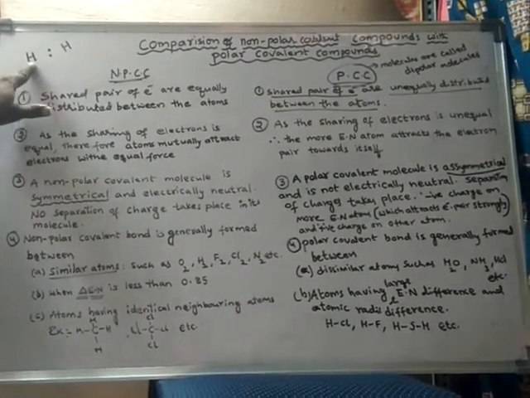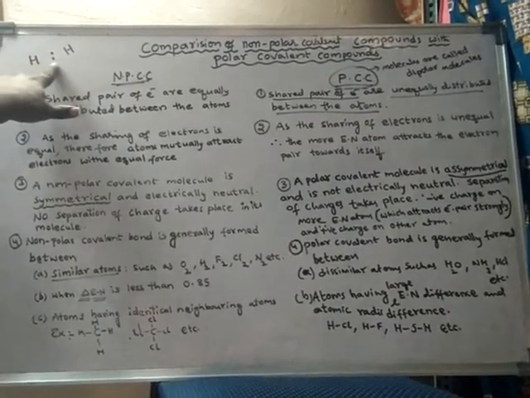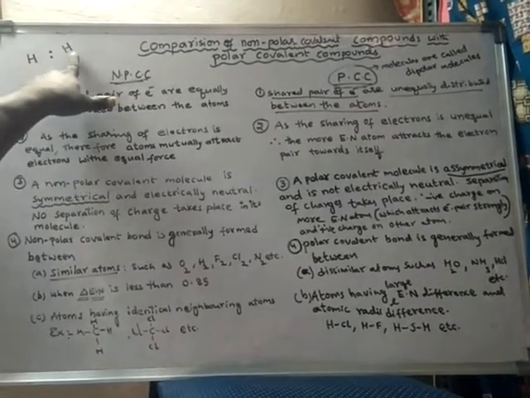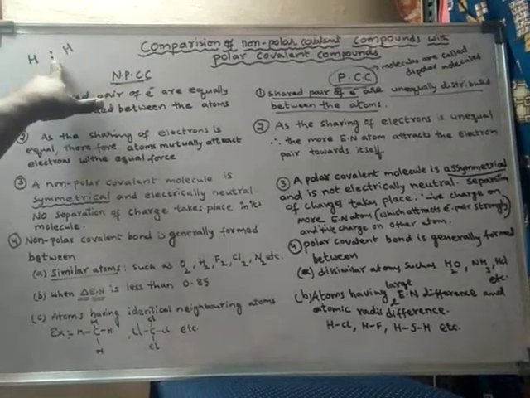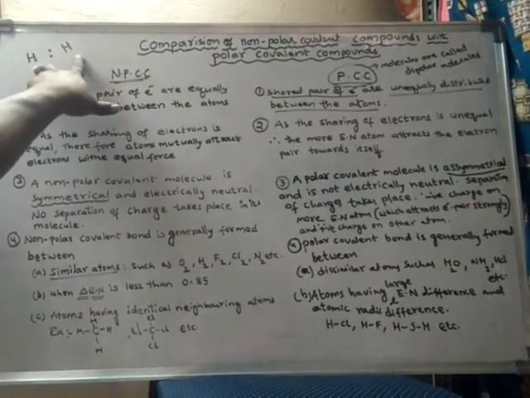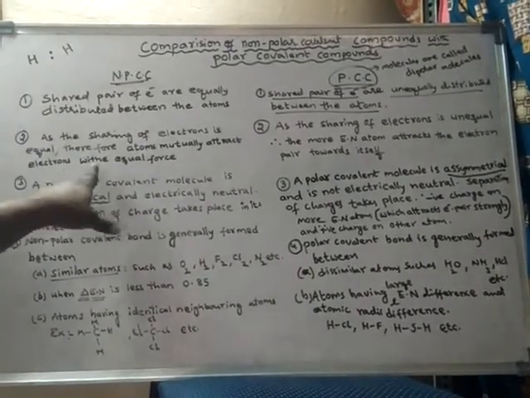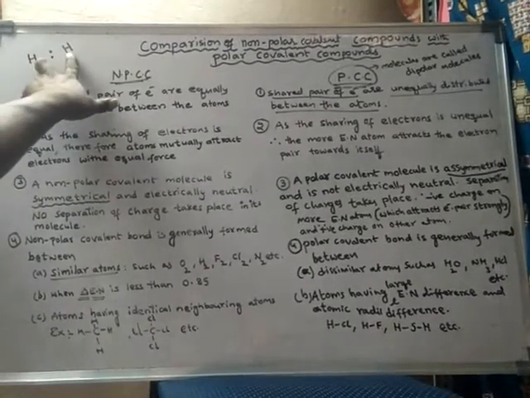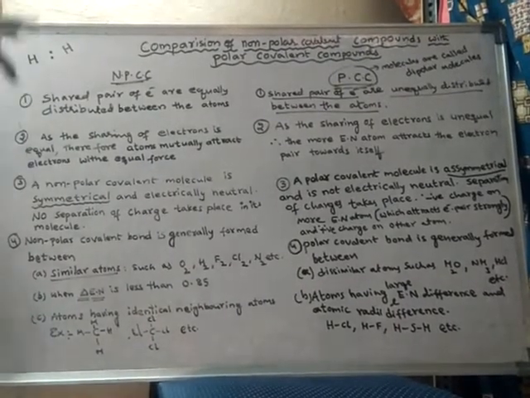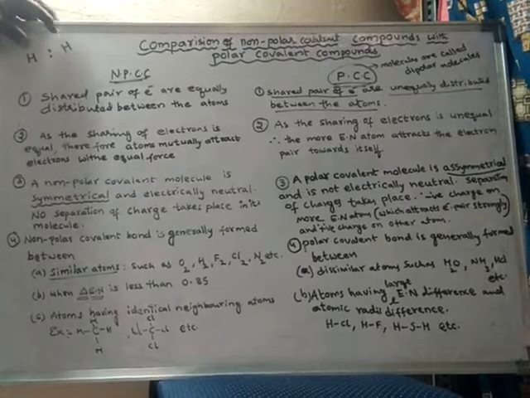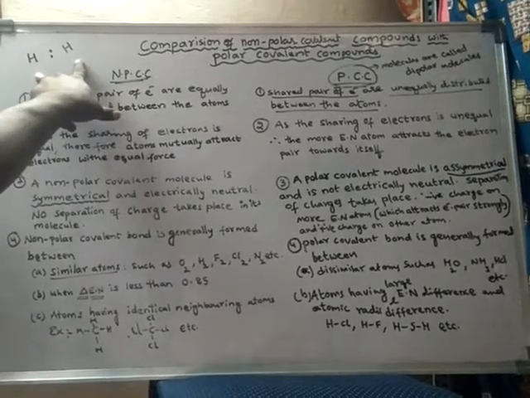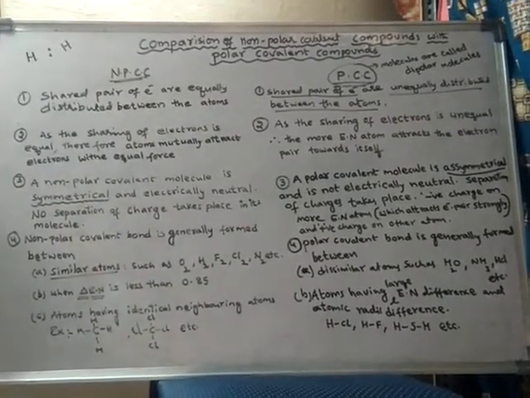That means the nucleus of this atom will attract this electron pair with a force equal to the force of the other nucleus on it. Both nuclei, of both hydrogen atoms, show equal force of attraction on the shared electron pair.